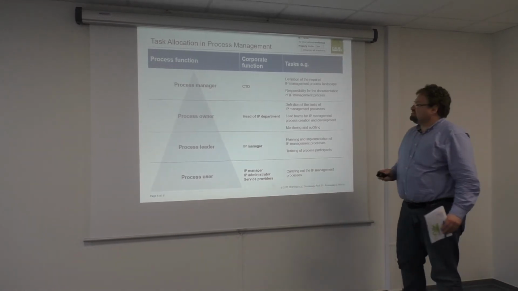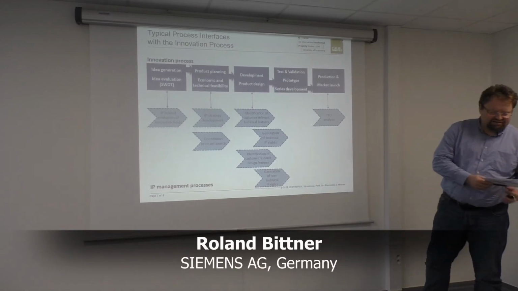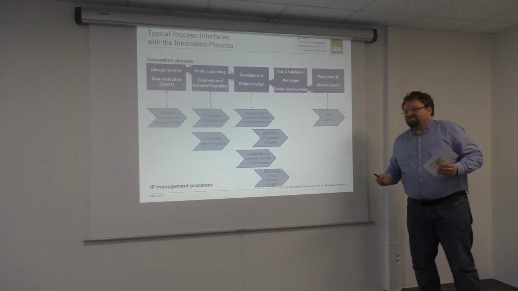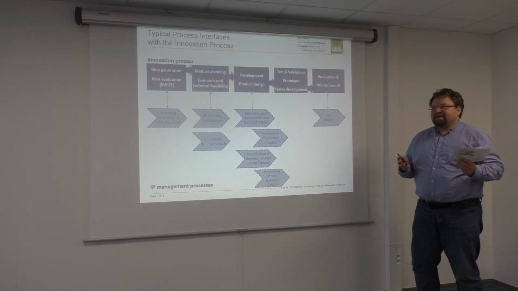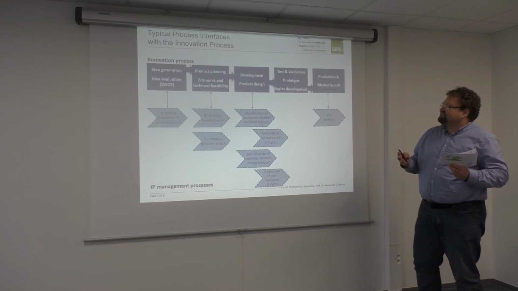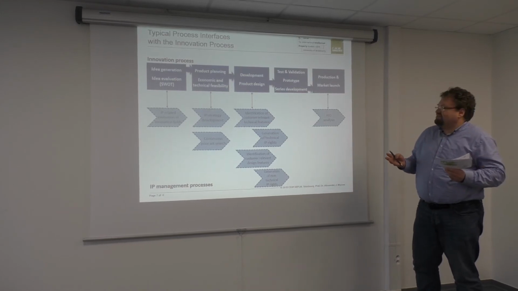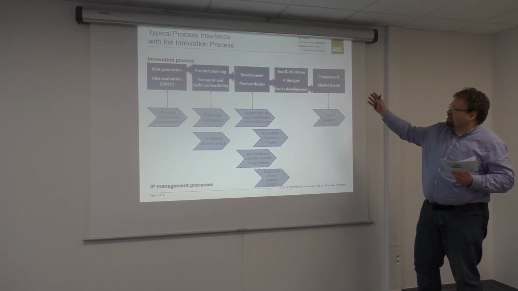We heard a lot about the topics innovation and IP, and somehow these two topics have to interact, and there must be an interface between these two big topics, innovation and IP. So what do we do? We divide the innovation process up into 5 parts.